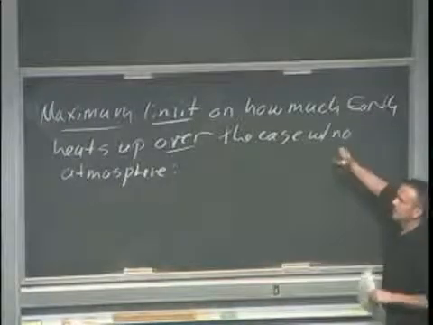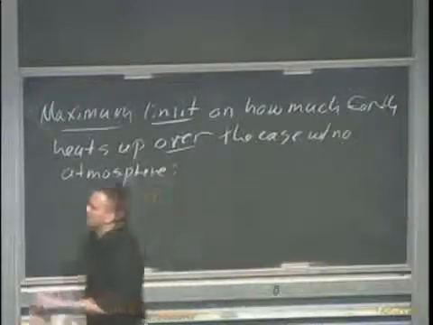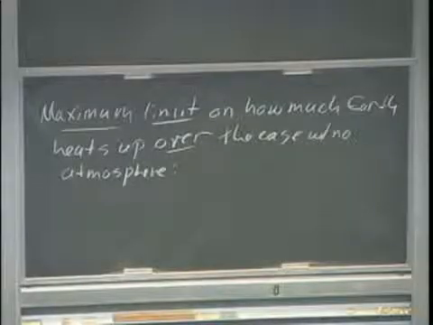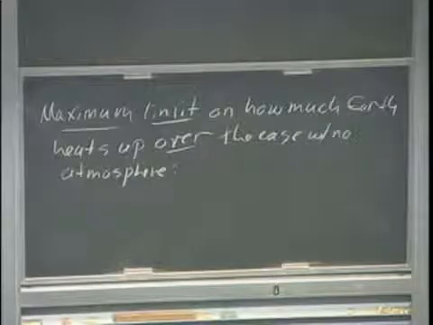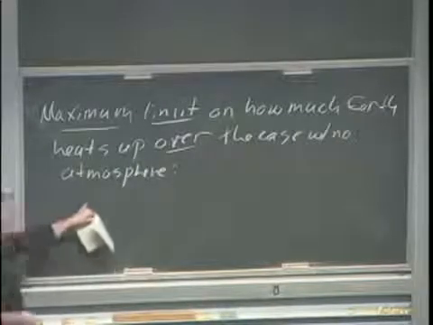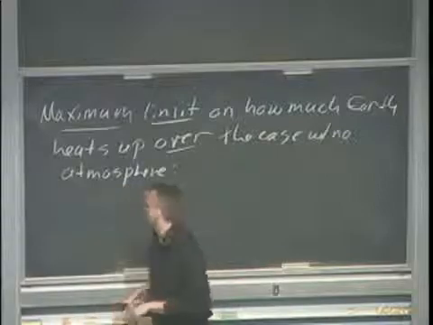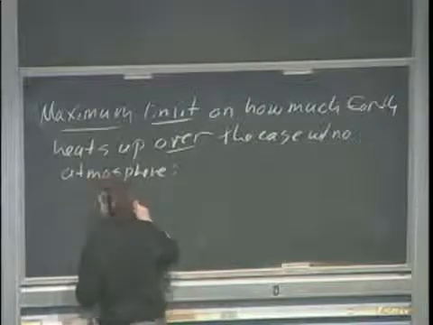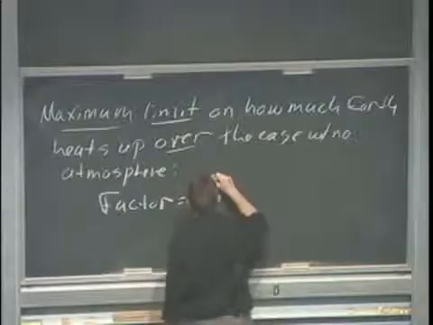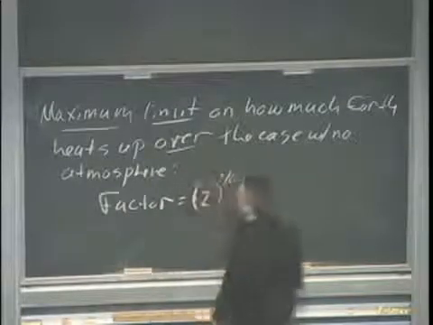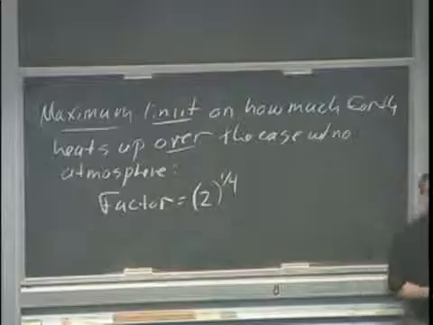So we calculated the case with no atmosphere. We saw that with no atmosphere the average temperature would be about 255. This model, when we factor that in, gives us a factor over that, which is just 2 to the 1/4 power.